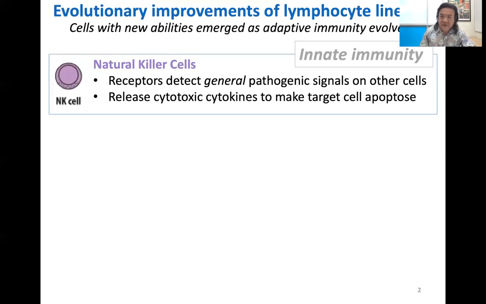And then the natural killer cell will kill that target cell through releasing cytotoxic signals, small little cytokines that we think of as cytotoxins, because the result of those cytokines being received by a target cell is that the target cell undergoes apoptosis and self-destructs.